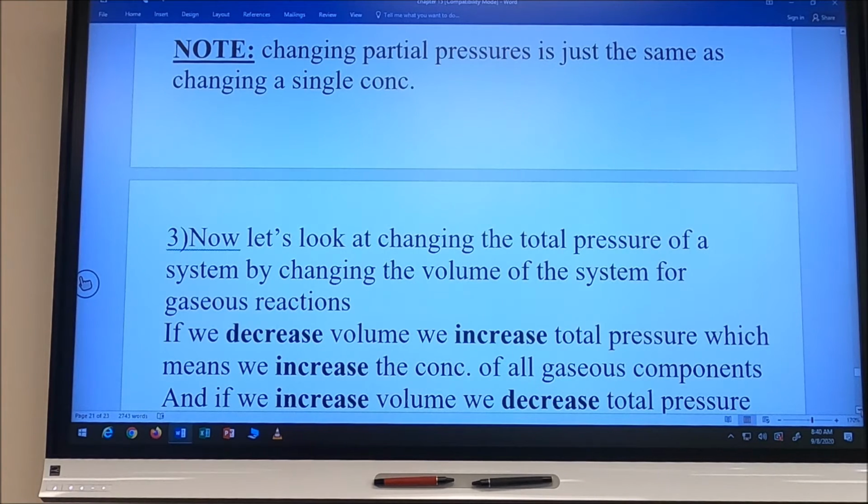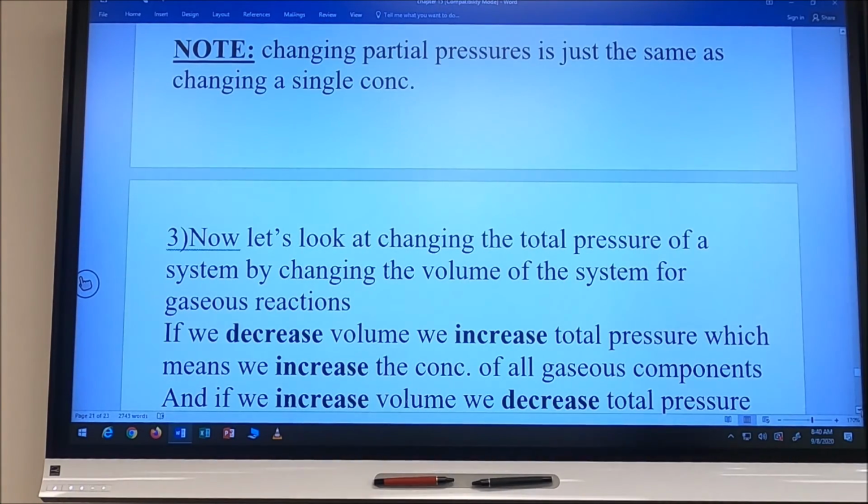When we change the partial pressure, it's just the same as changing a single concentration. So we treat it like the first two cases we've looked at, adding something or removing something. When I talk about changing total pressure, totally different ballgame.